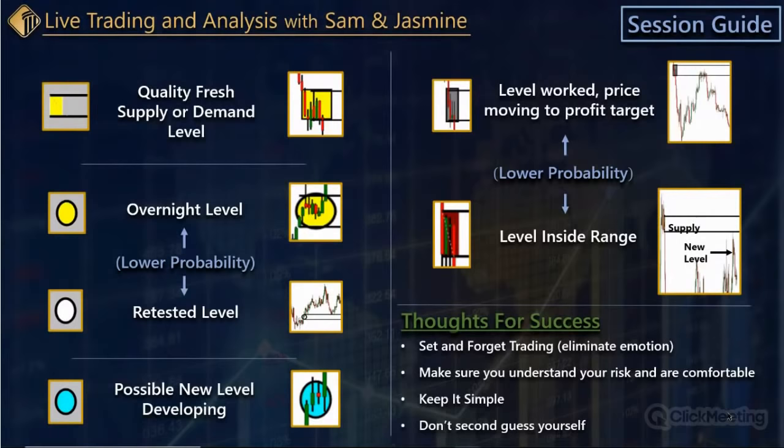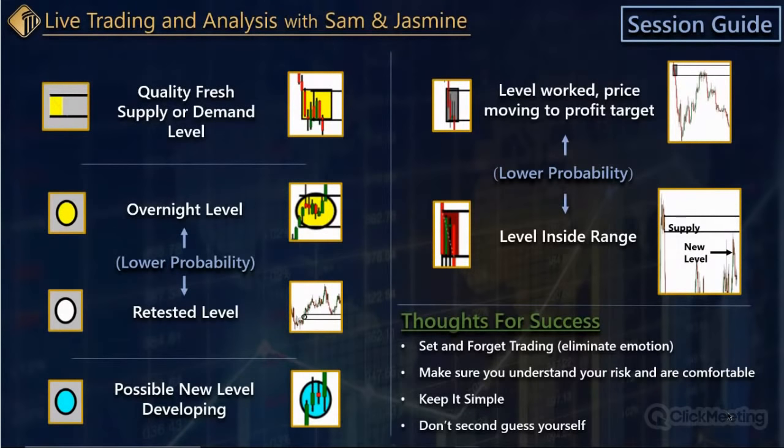In fact, one of the highest probability trades we can find and take is typically the overnight entry into a day session level. Does everybody understand that? An overnight entry into a day session level.